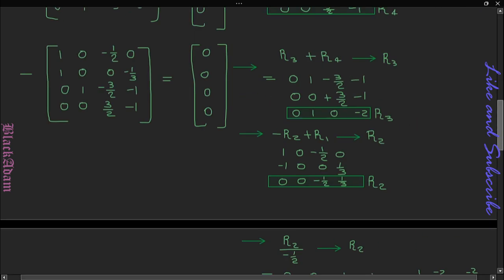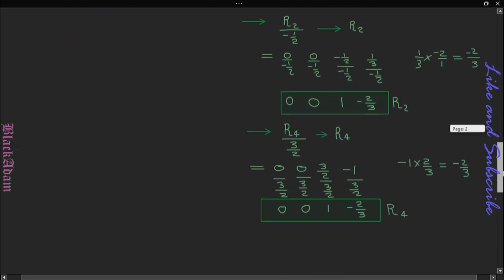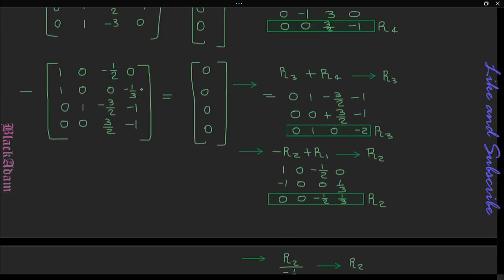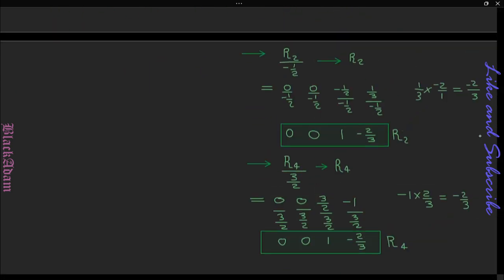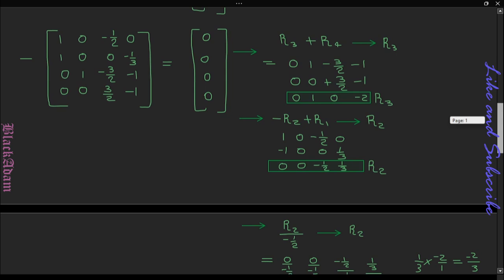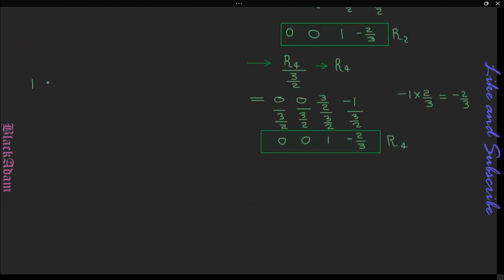So now we have all our information in hand. We have row 1, changed, then row 2, 3, and row 4. All we have to do is write row 1: 1, 0, 0, negative 1/2 and 0. Then 0, 0, 1, negative 2/3.